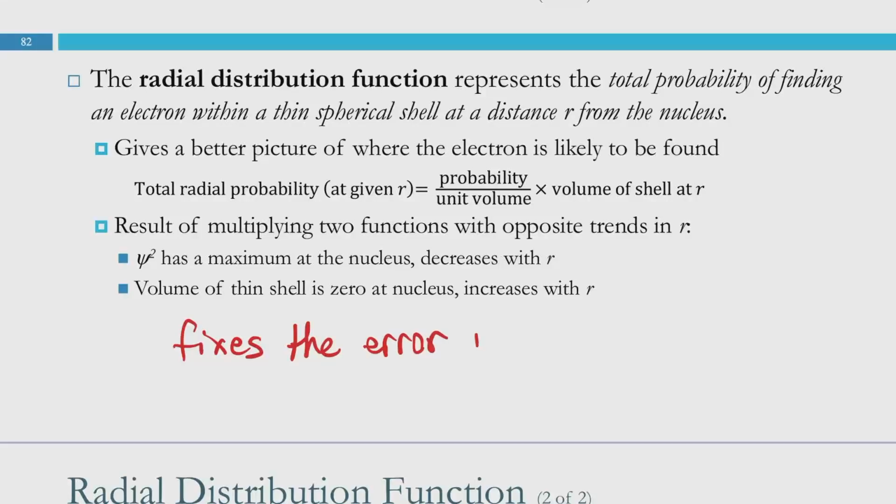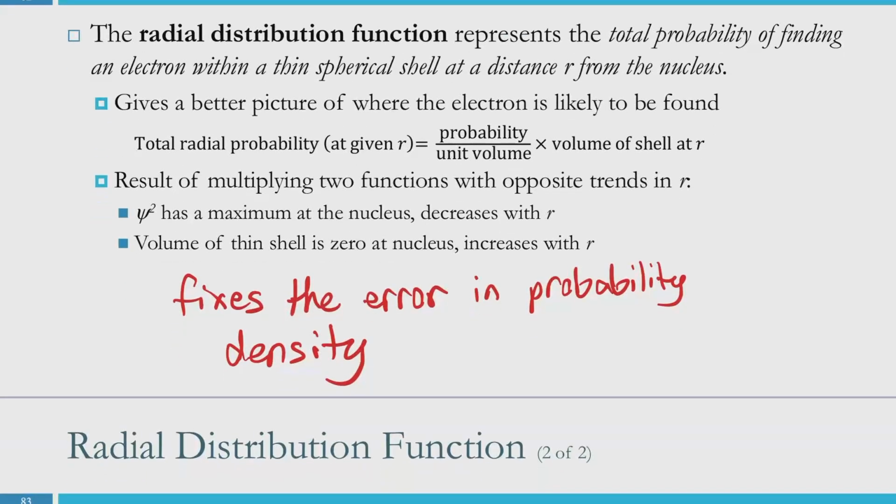So this fixes the error in probability density. Our probability density has a maximum at the nucleus that decreases with R. The volume of a thin shell is 0 at the nucleus.